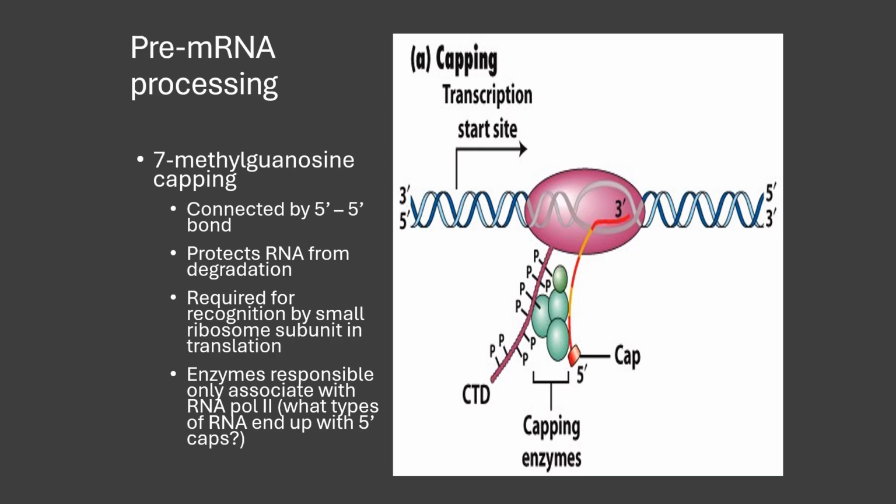So you can't have translation begin without this cap present because the ribosome won't recognize it. And there are some enzymes that will only associate with RNA polymerase II, and because of this capping also. So this is showing now in this figure the RNA polymerase with that phosphorylated subunit tail, and then capping enzymes that are present that are going to add the cap to the 5' side.